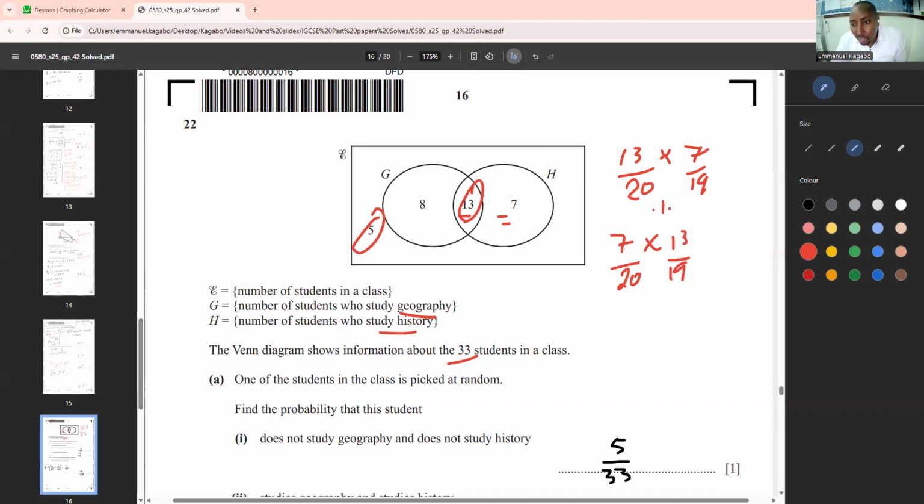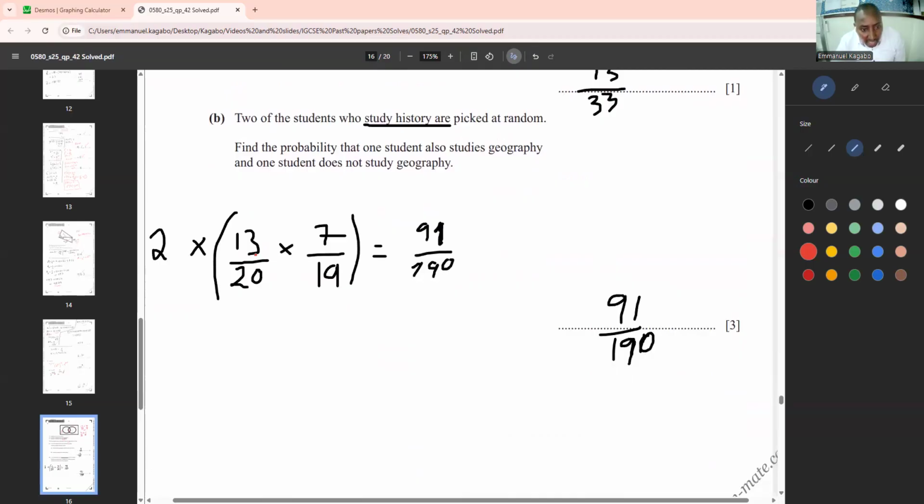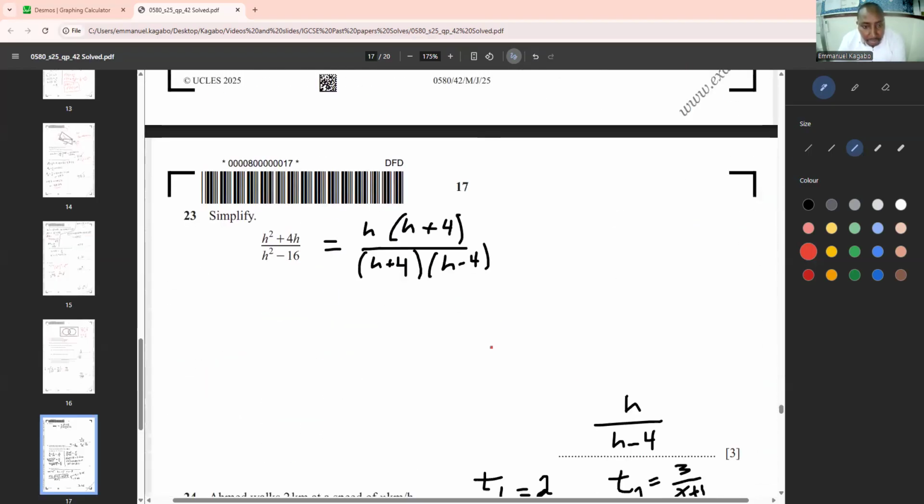And you need to add, because there are two possibilities. You pick the one who studied geography, and then the one who studied history second. Or you pick the one doing history first, and then geography second. All of these, we are picking them from history, which is 20. I hope you have understood that. That's why I did 13 over 20 times 7 over 19, then times 2. And then when you work out, you have that.